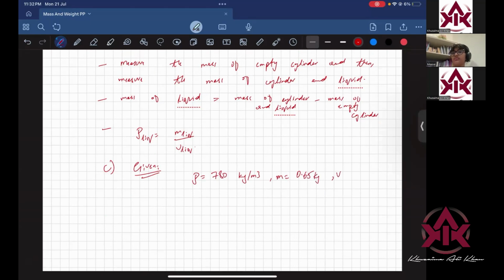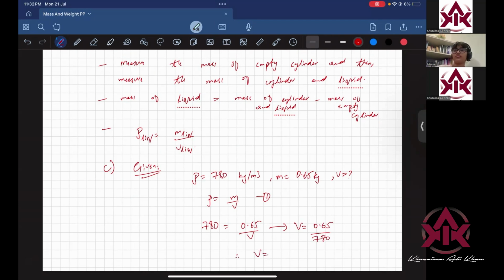You want to find the volume. It is a simple question. Density is equal to mass upon volume. That gives you 1 mark. Now put in the values: 780 equals 0.65 divided by V. So V is equal to 0.65 divided by 780.